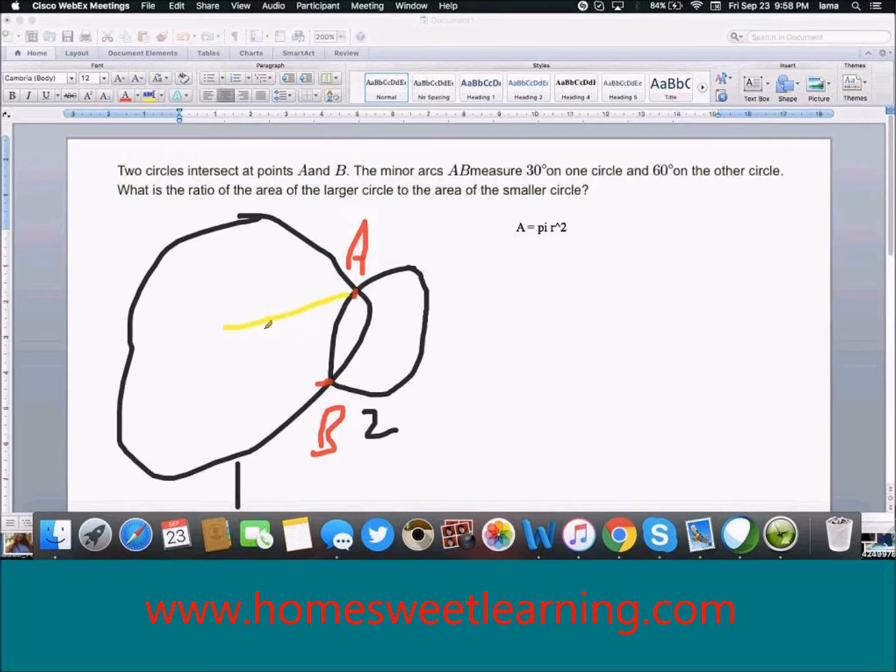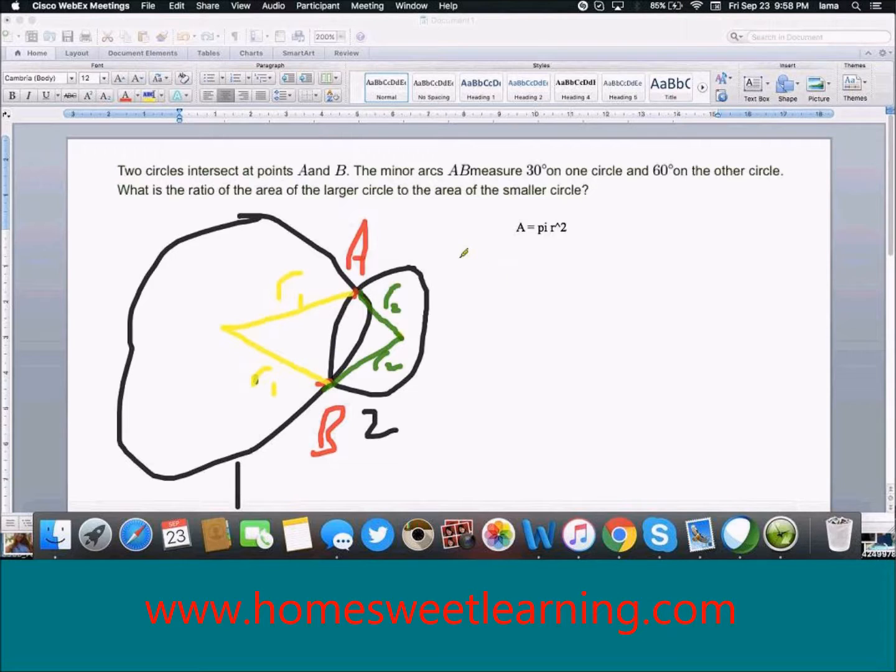I have radius of circle 1, because the circle is the same on each side, is here. And then this is the radius of circle 2, I'm going to use green. This is radius 2. And we know these are both radius 1.